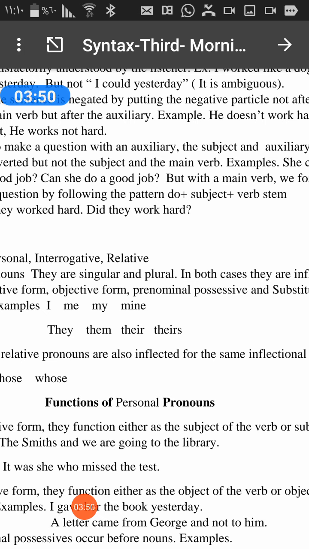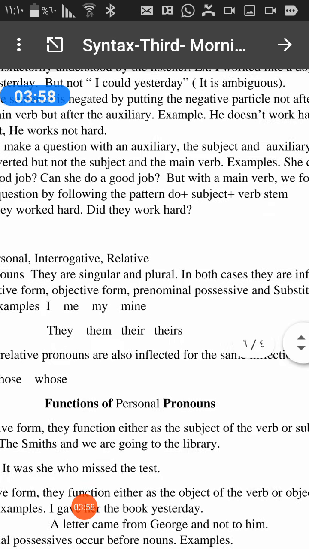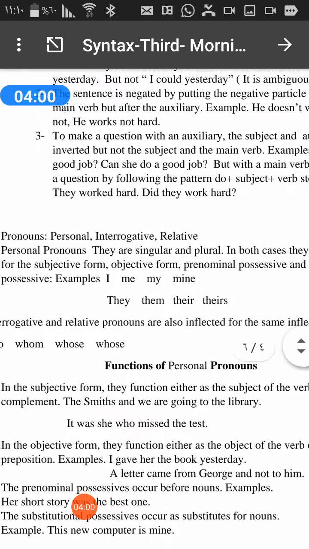It means that I cannot make a yes no question with a main verb, but usually we make a yes no question with an auxiliary.